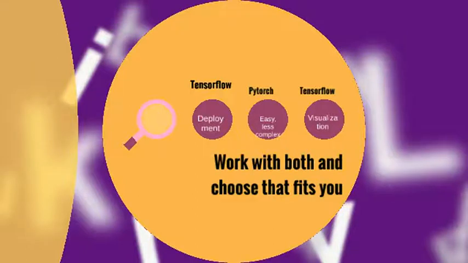But if you want to build a really simple, easy neural network and you don't have to worry about production, use PyTorch. And if you want to visualize, go for TensorFlow, because you get your TensorBoard there, and you can see how your model really looks, right?